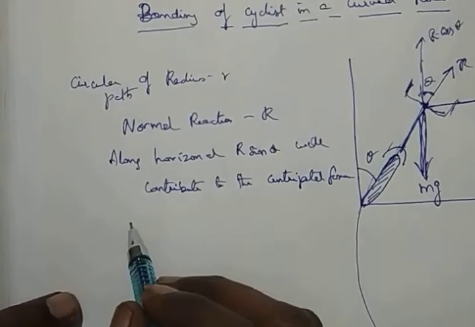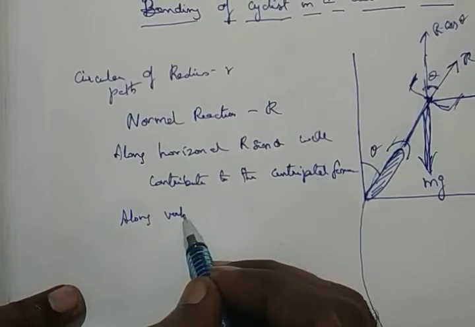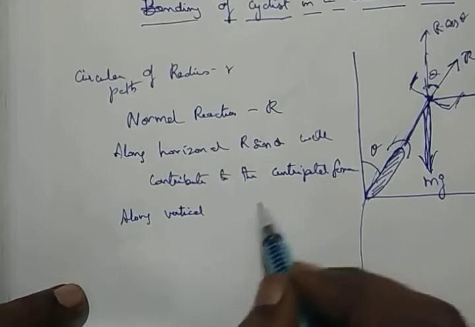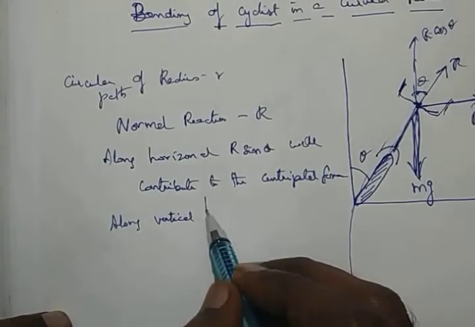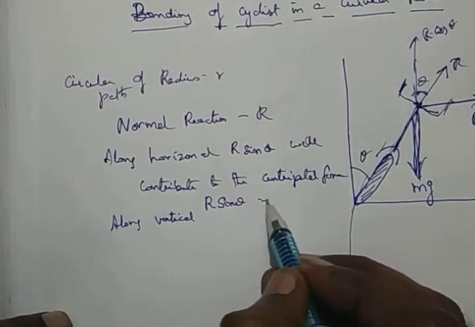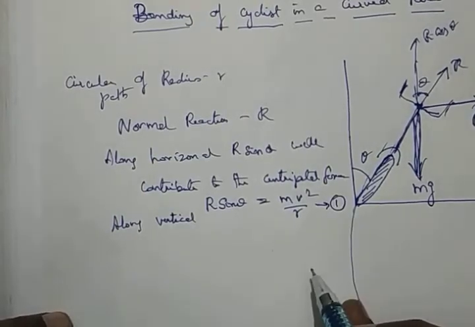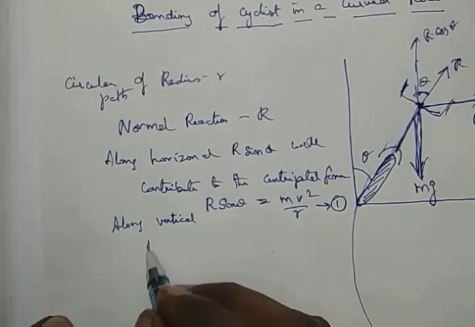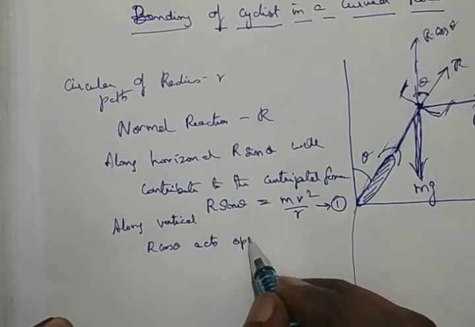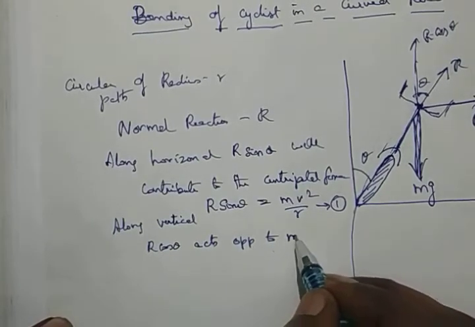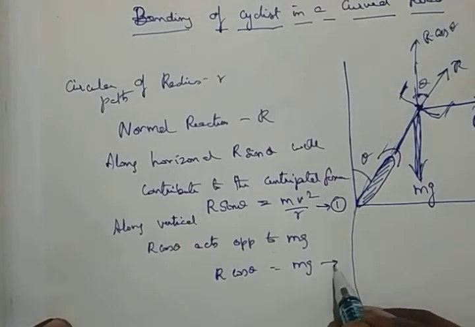So you can write R sin theta is equal to mv square by r. Equation number 1. Along the vertical, R cos theta acts opposite to mg. So R cos theta is equal to mg. Equation number 2.